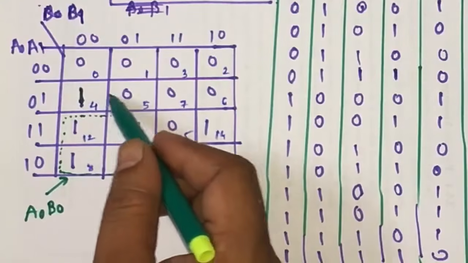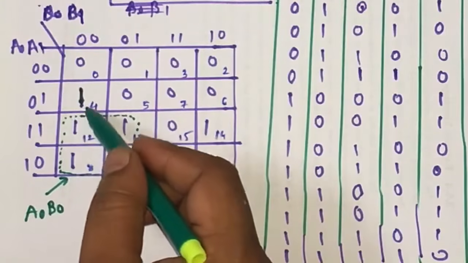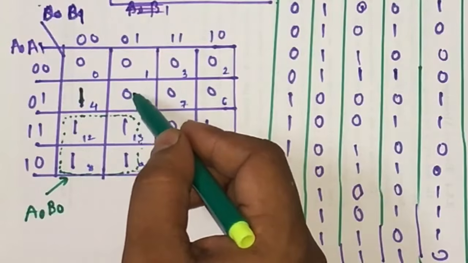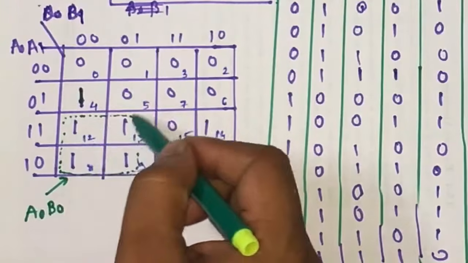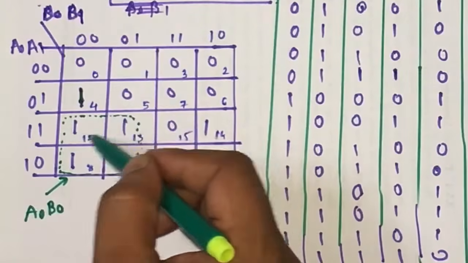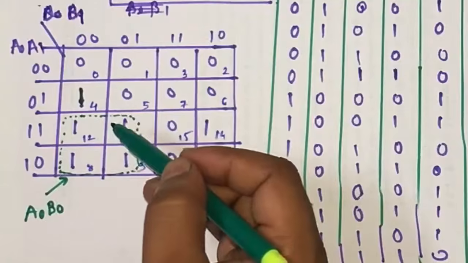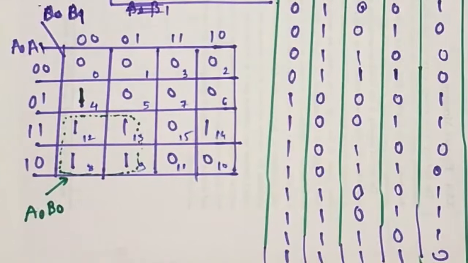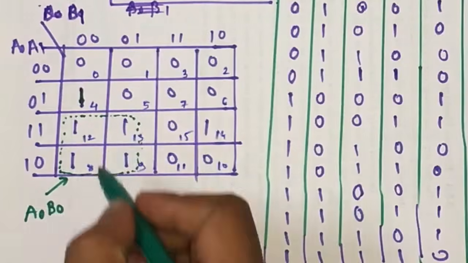Now in this case we will check whether a quad is formed or not. There is no possibility of a quad, because if we had a one here, then it would be possible to form an overlap quad, but here we cannot form an overlap quad. Then go for pair. Check whether a pair is formed or not.